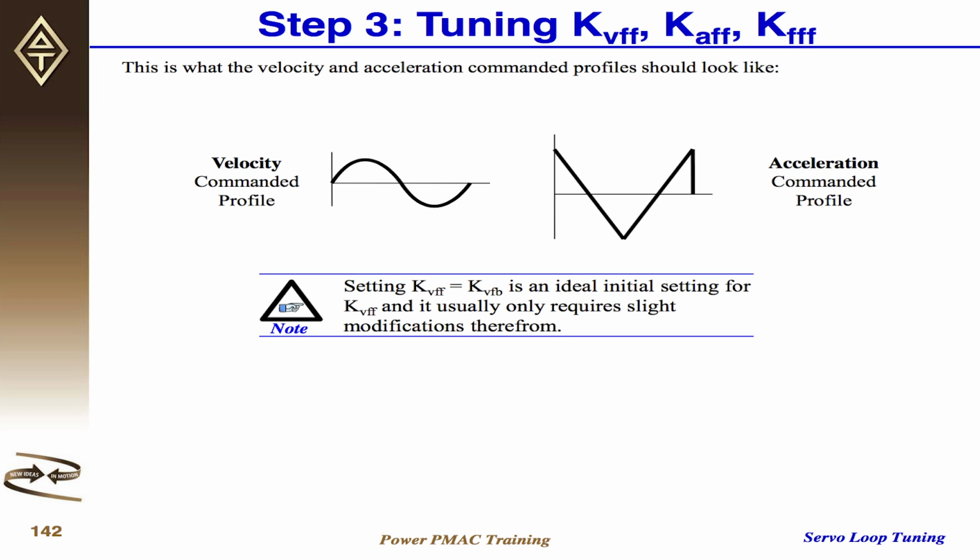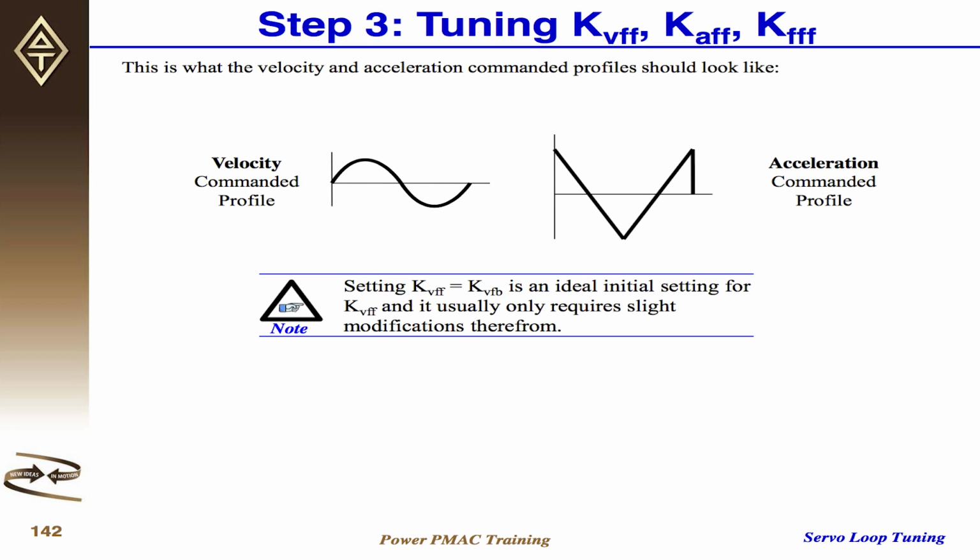Parabolic velocity moves command a velocity profile of this shape. It's not quite sinusoidal, but it is parabolic, and your motor's velocity will attempt to follow that shape as well. And of course, the derivative of that profile will be a downward pointing triangle, and that is the acceleration profile.